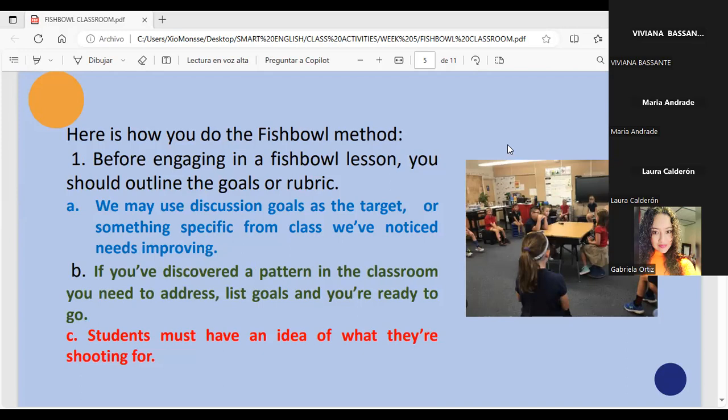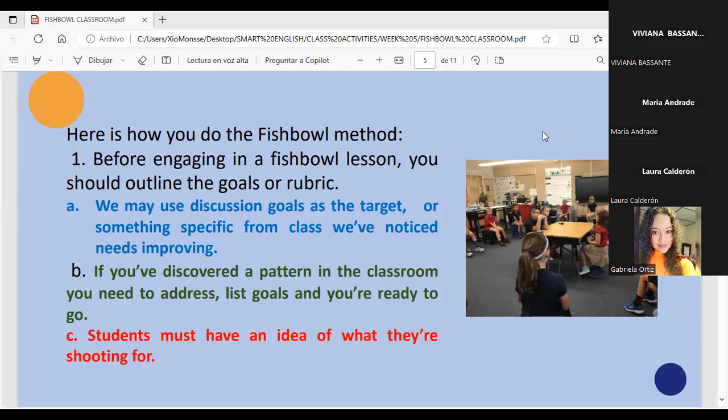So obviously you're going to prepare your class with the topic that you have in your reading book, right? This is not about grammar, this is about reading. You have them read, and you have them reflect.